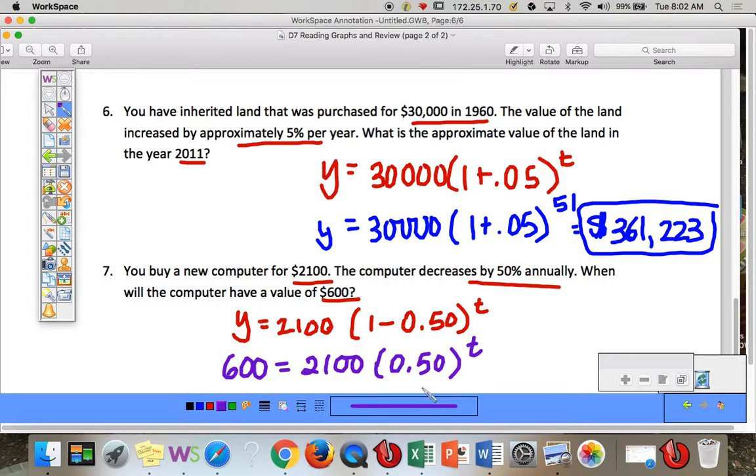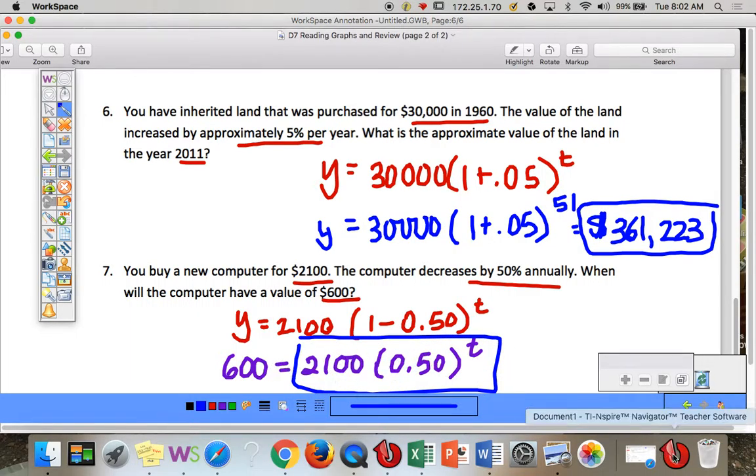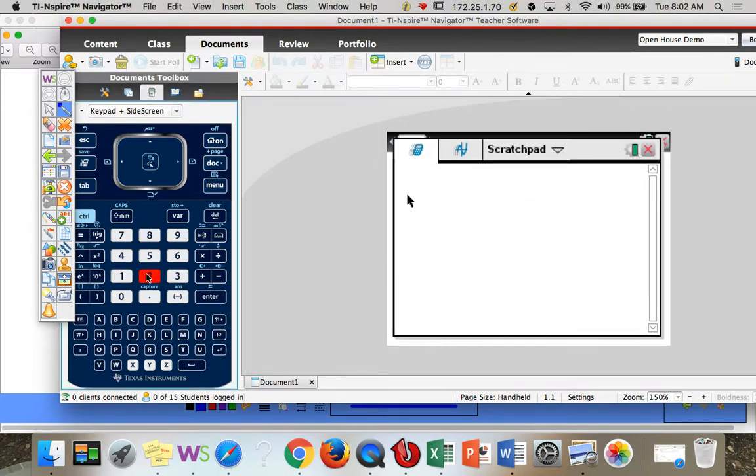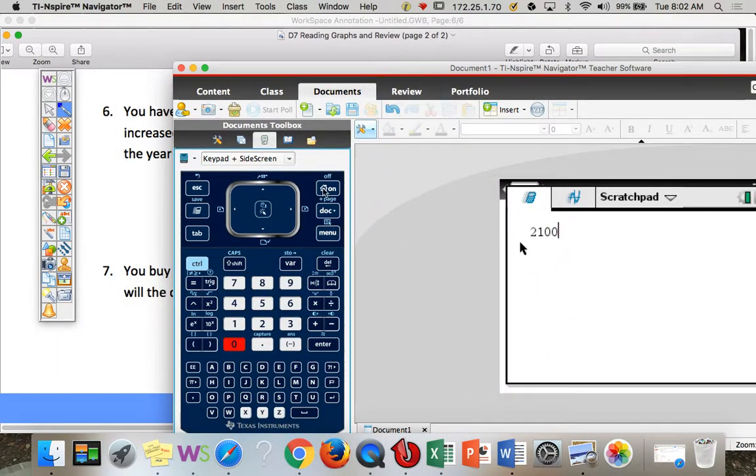So this one right here, we haven't learned how to solve for t when it's a variable. So we're going to try guess and check. So I'm going to type in this part of the equation and just guess values of t till I get 600. So let me clear this. All right, 2,100, and it's 0.5.